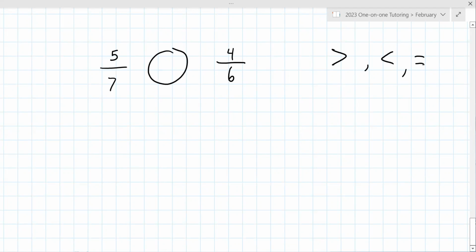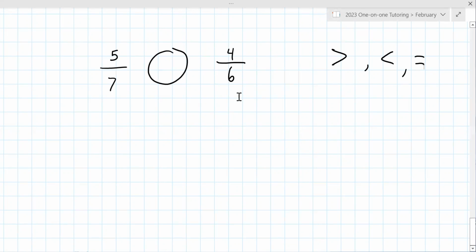Okay, so here's some fractions to compare. Let's go 5/7 and 4/6. So this symbol, this symbol, this symbol.